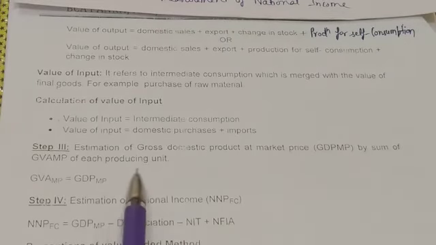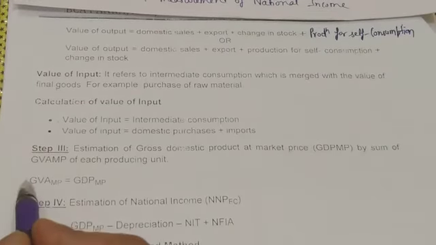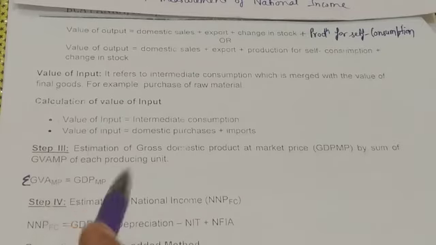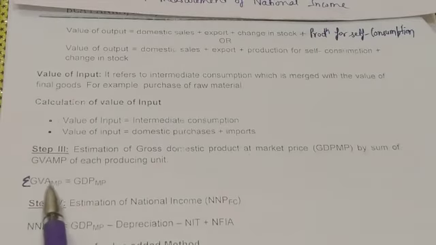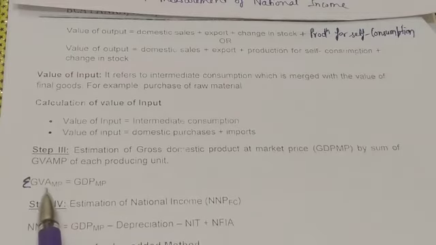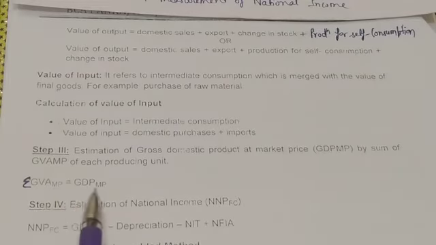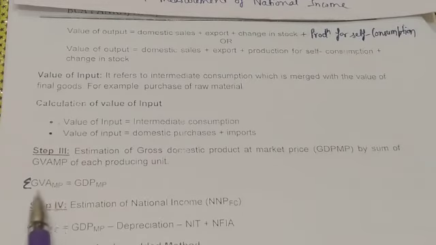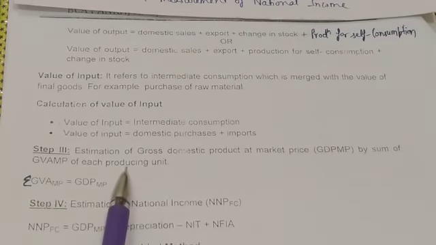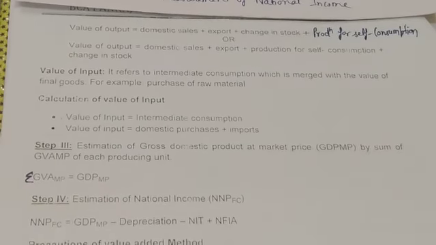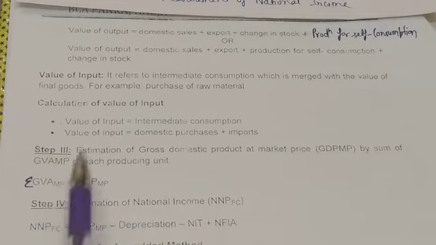So now there is a formula. Sigma GVA at MP equals GDP at MP. What is this formula showing? The summation of GVA at MP of each producing unit is equal to GDP at MP. I hope all of you have understood step third.